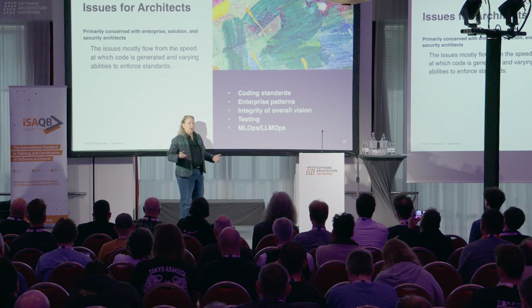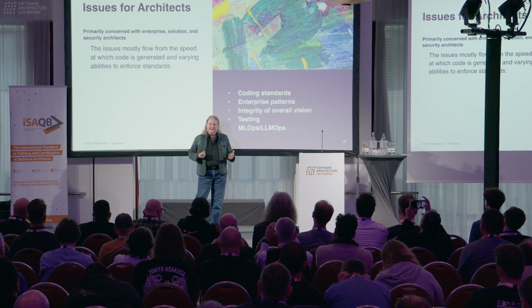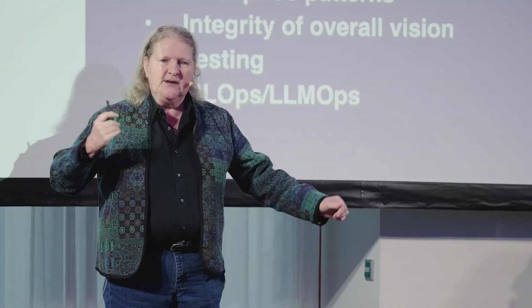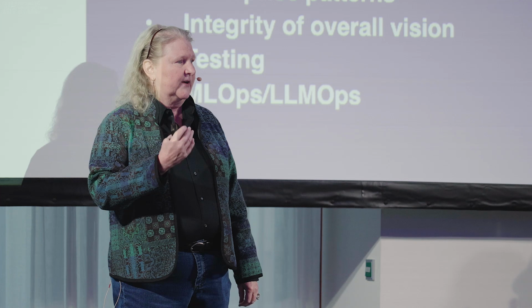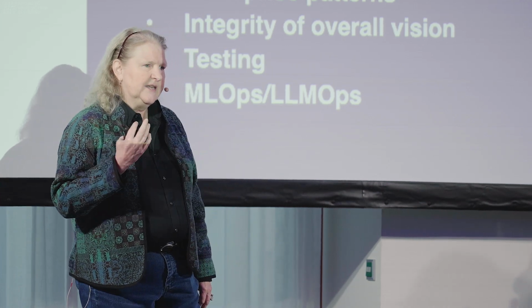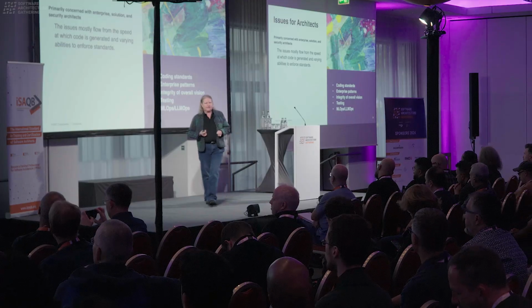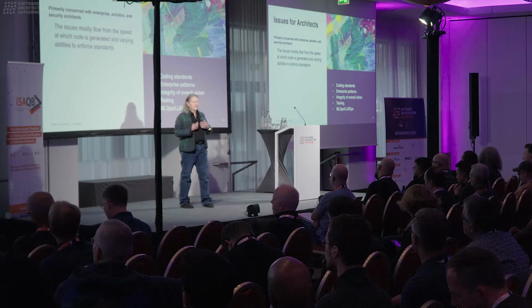some of which flow from the speed at which, for example, these coding assistants can generate code. Some of the analysis that has been done has shown that the average commit size is going up. And the hypothesis is that these code generators are much better at creating new code than they are at refactoring.